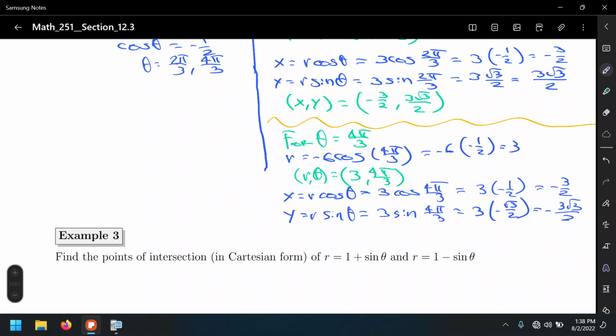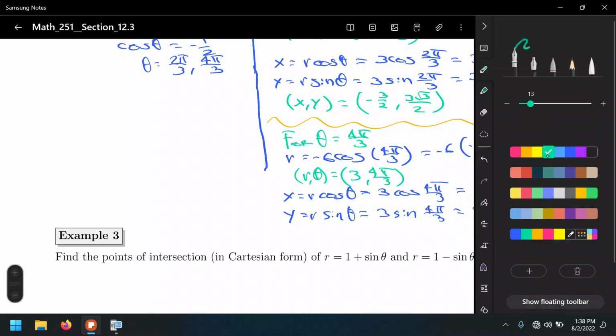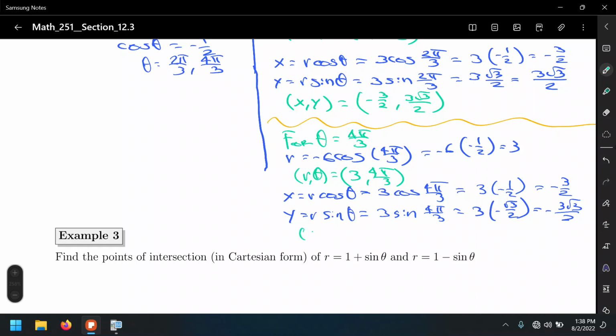So these are the points. Let's express in a different color the point in Cartesian, (x, y), to denote that this is a representation in Cartesian. So that's -3/2, comma, -3√3/2. Okay, so we have two points of intersection right here.